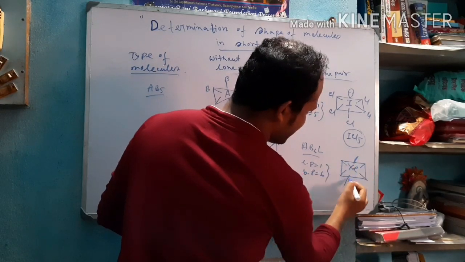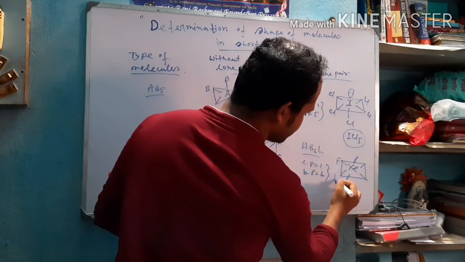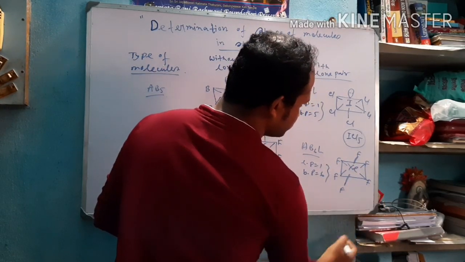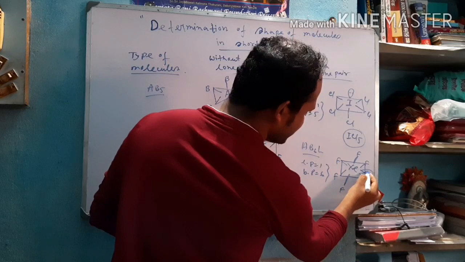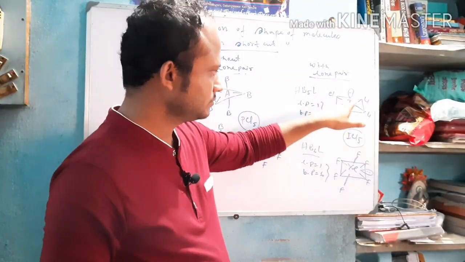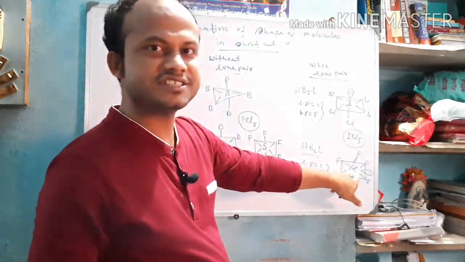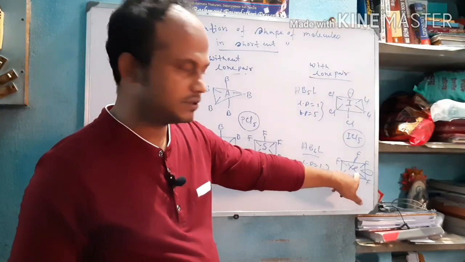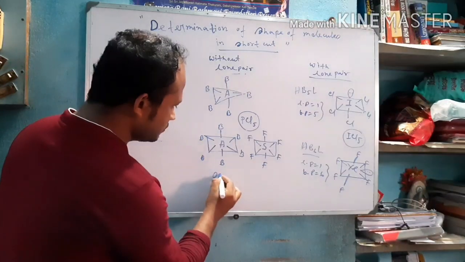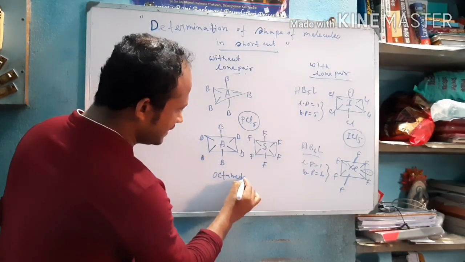this. This is above the plane, this is below the plane. And the lone pair is here. This lone pair distorts the structure. Understand? AB6 type molecules, the structure name is octahedral.